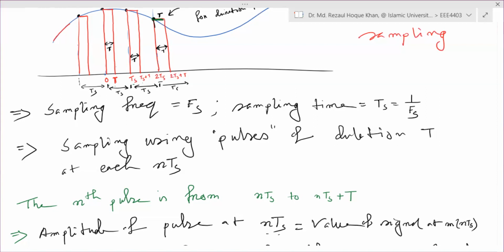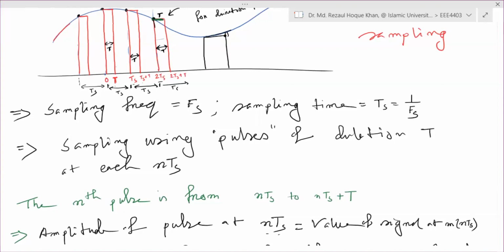For example, when we take a much longer duration, here this is the value, but by this time the signal value changes.